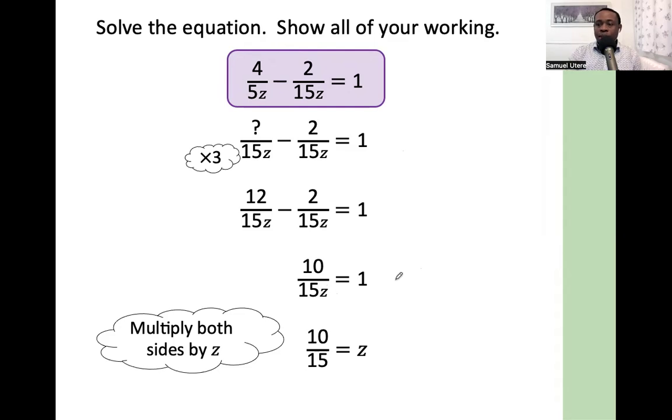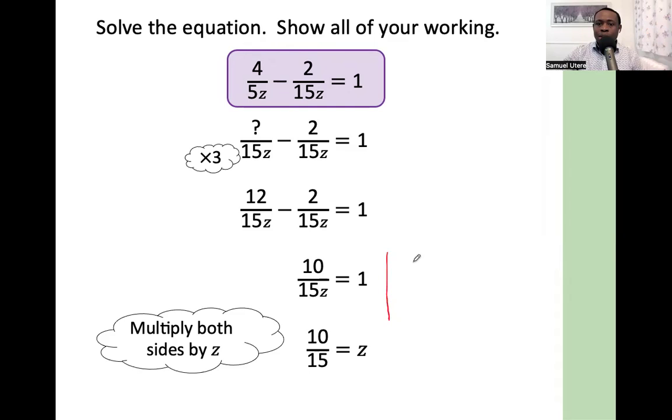Another way of thinking about this is by saying, well, we want z to be on its own. Z should not be dividing. It should be standing on its own, either multiplying something so that we can divide by the coefficient. Coefficient means the number next to the z.